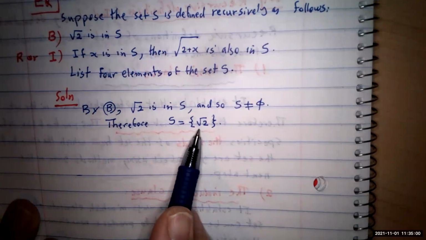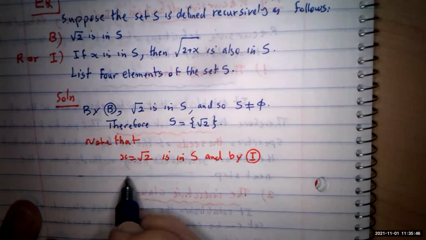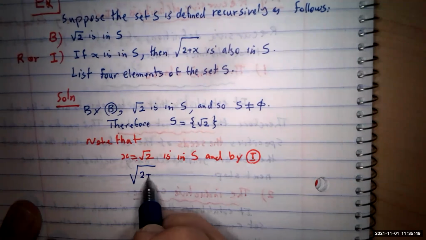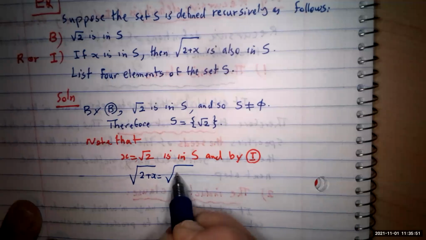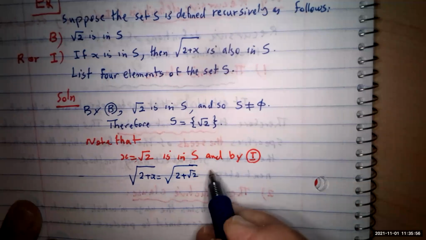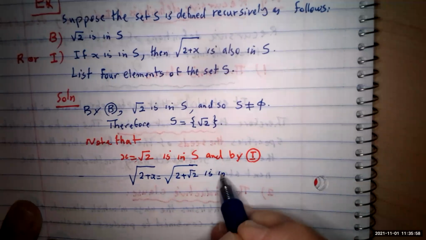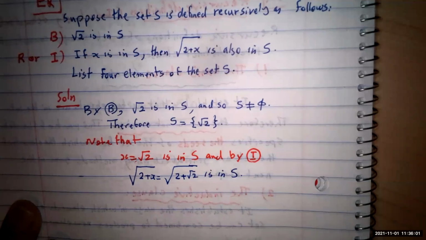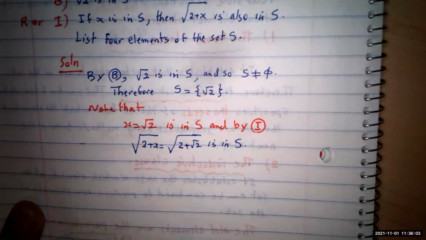Now we apply the second part. By the instruction I, the result, the square root of 2 plus X, is also in S. The square root of 2 plus X, which is the square root of 2 plus radical 2, is in S. You see, the parent produces children.